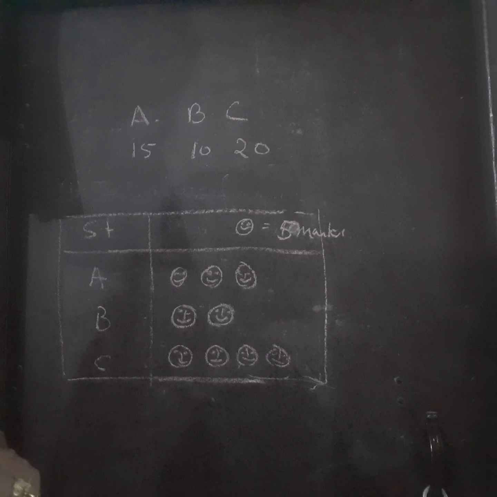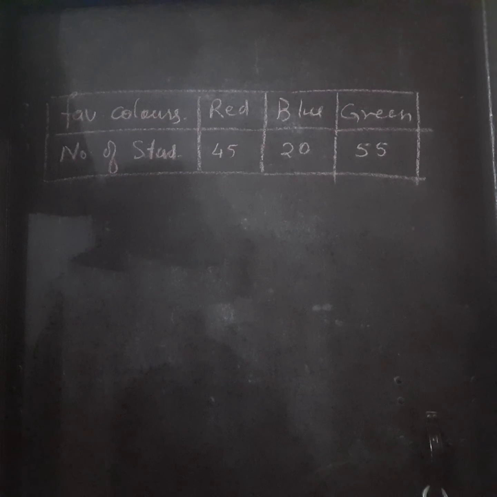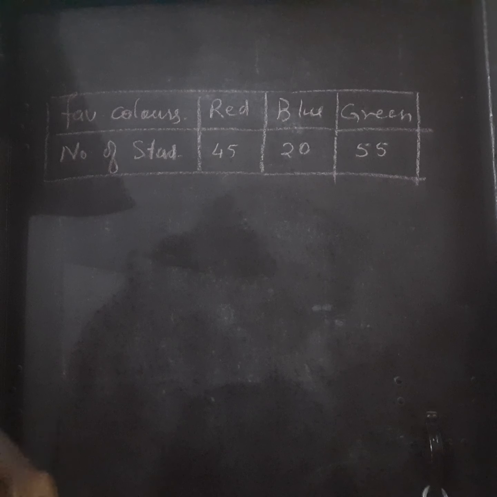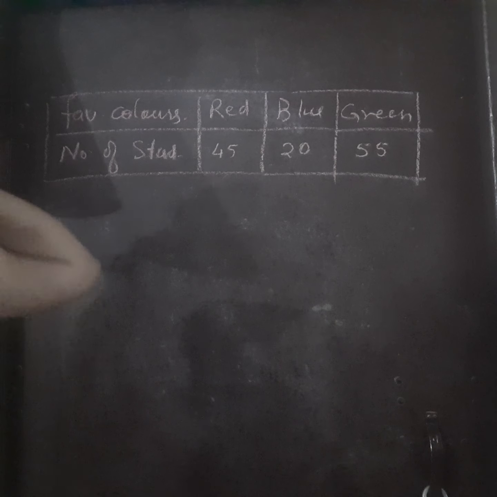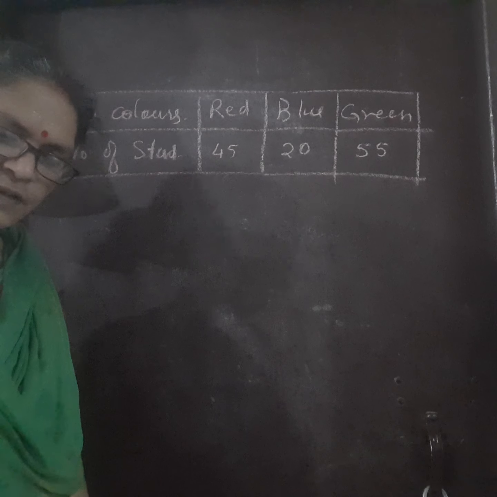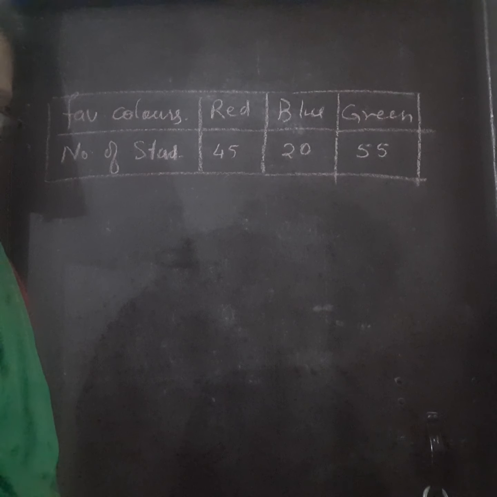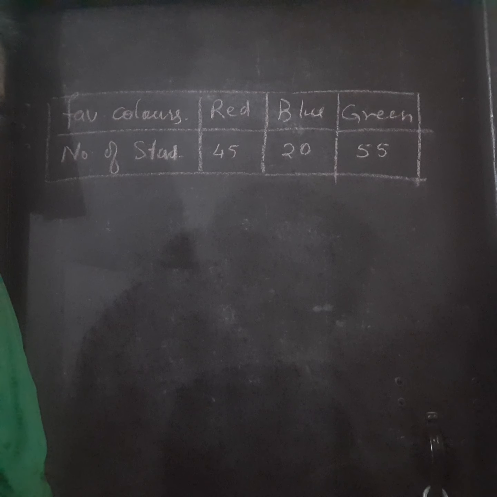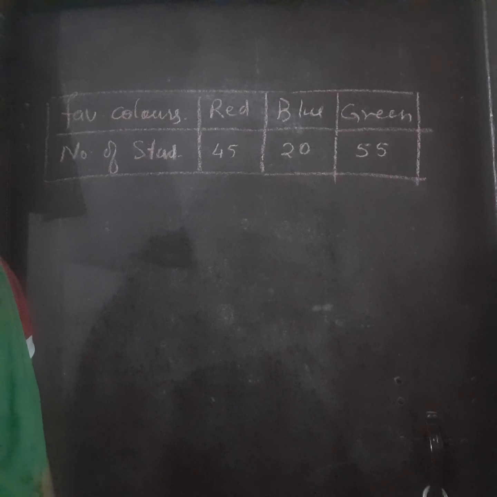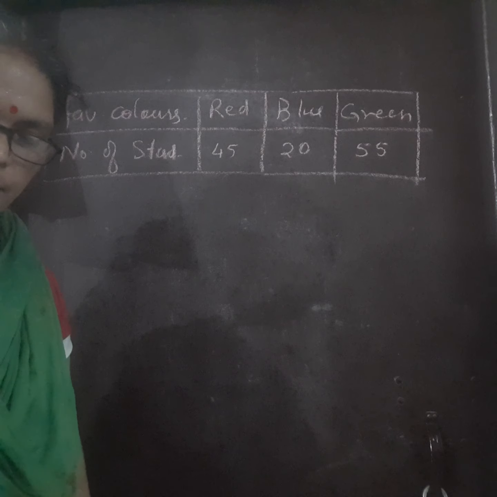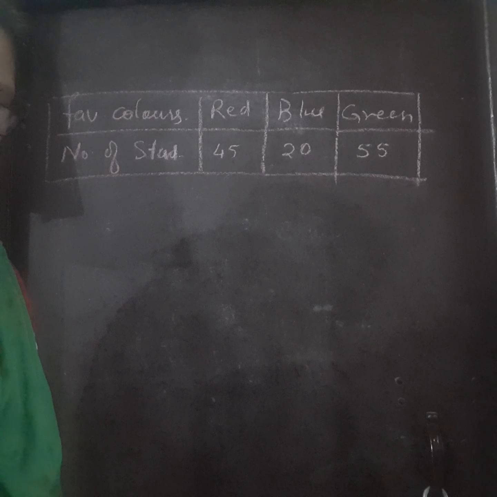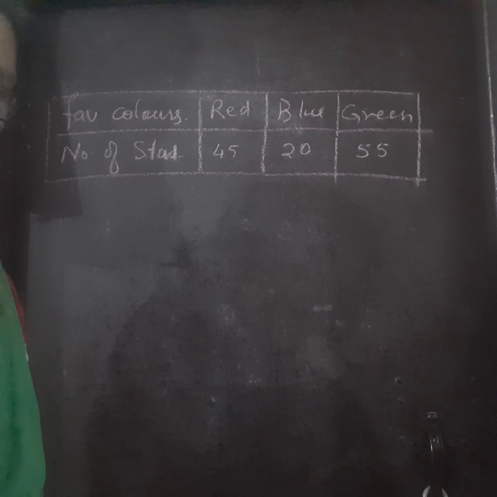Now next we come to bar graph. Okay children, now I am going to explain you about bar graph. Bar graphs are the representation of the data made by using bars of uniform width.